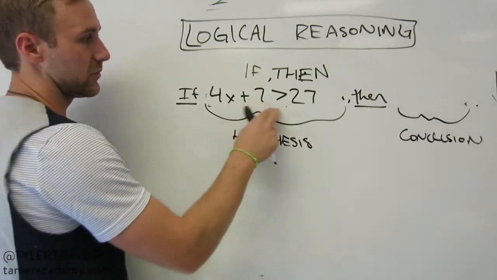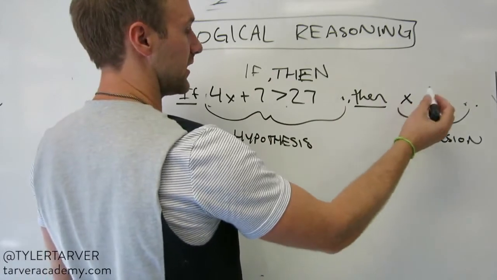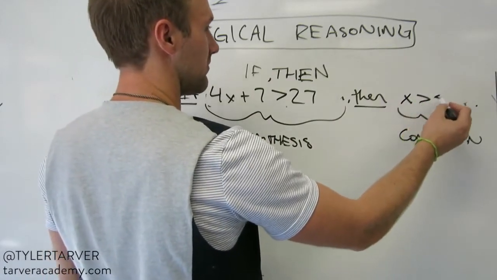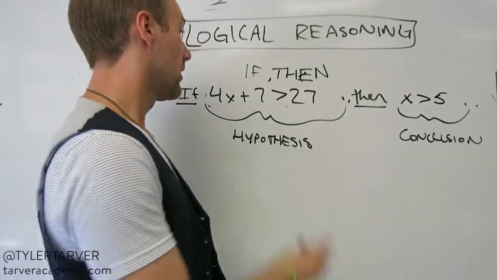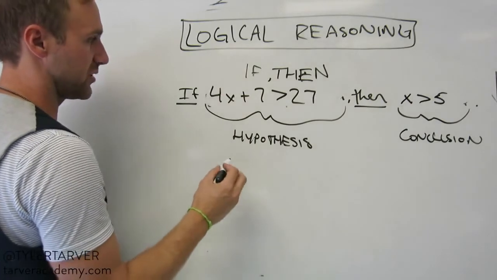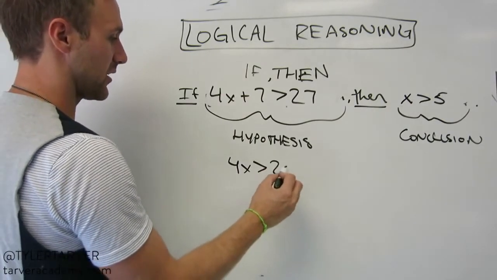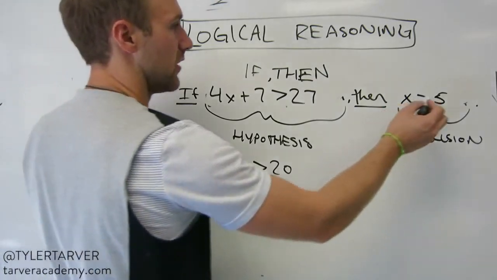Well, let's work it. Subtract 7, that's 20. Divide by 4, so it's 5. Then x is greater than 5. Okay? Cool. Now, if this is true, then this has to be true. We got 4x plus 7, we subtract 7 from both sides, we got 20, divide by 4, it's 5.